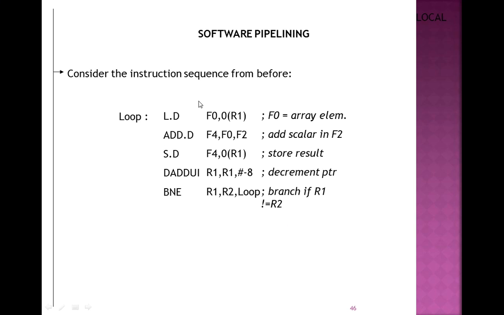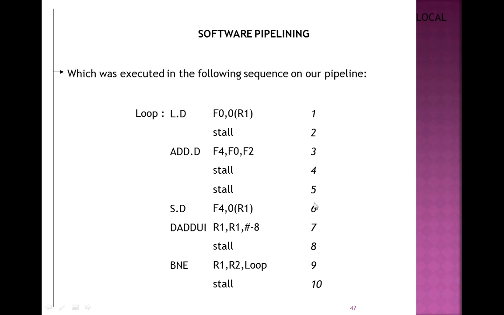Now consider the instruction sequence from before. First one is your LD, F0, array element, ADD, add the scalar in F2, store the result, decrement the pointer, branch if R1 is not equal to R2, which was executing in the following sequence in our pipeline.